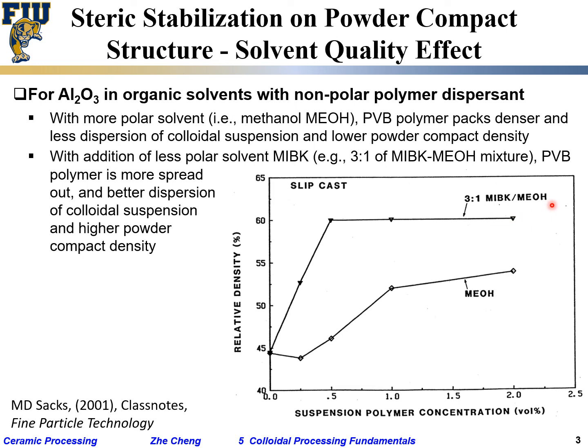And as PVB stretches out more, the PVB on the particle surface has relatively larger sizes on average. And the larger sizes means between different particles, they are more separated, further away, and more stable. And as a result, if I wait, they're going to pack denser.